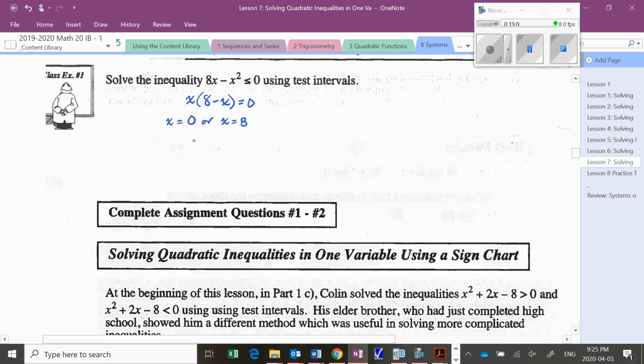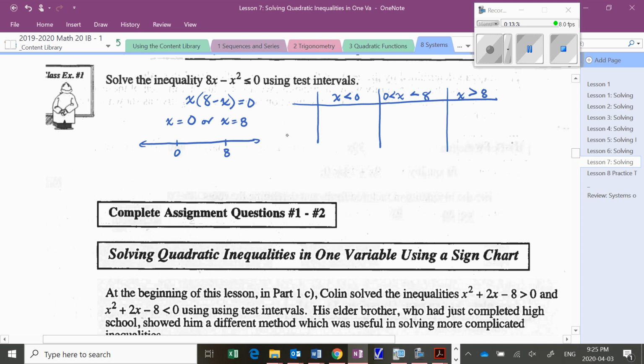Again, if you need that visual for yourself, then you know that you've got these 2 x-intercepts at 0 and 8. So here are our intervals. We've got x less than 0, x greater than 0 but less than 8, and x greater than 8.